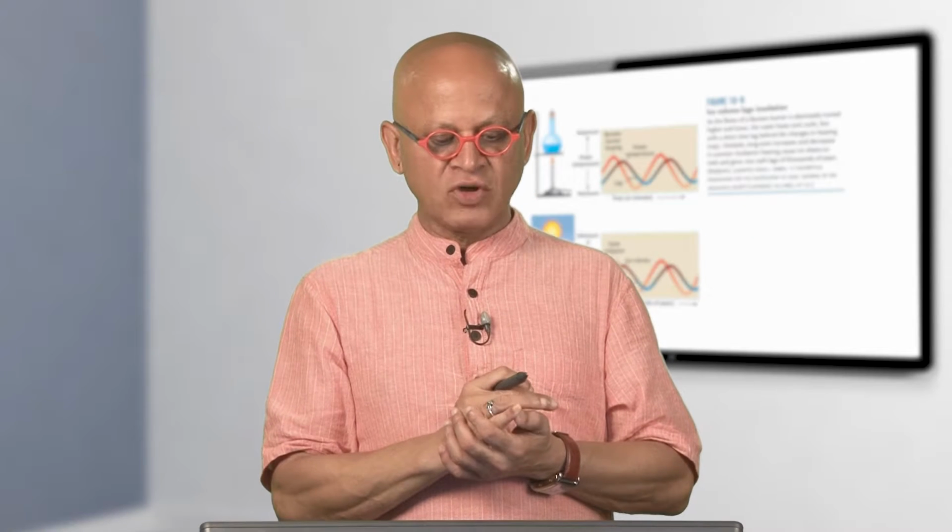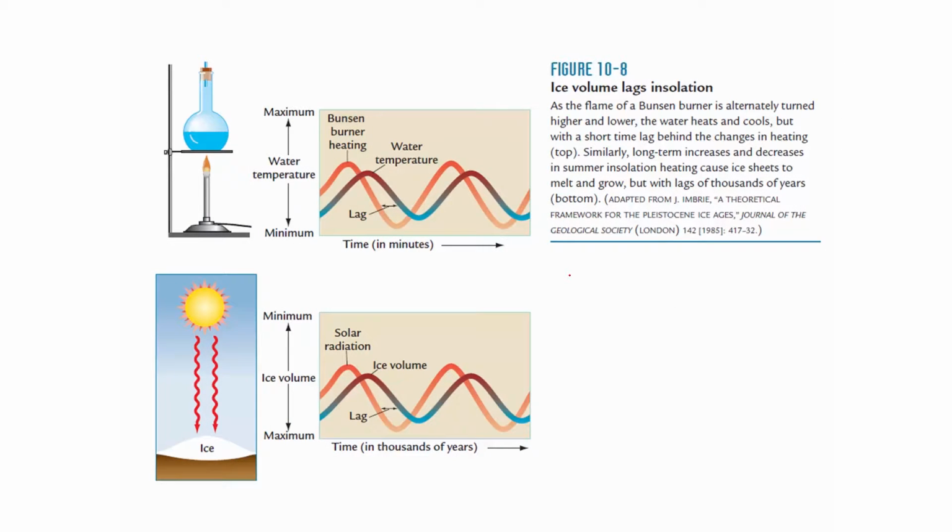The additional thing we have to worry about for glacier response, which determines the complex timescales that we will see again, that we already looked at before, is that the heat capacity gives you time lag. So imagine that you have water being heated by a Bunsen burner, and you turn it off and then you turn it on, and so on, just to give it a wavy heat input.